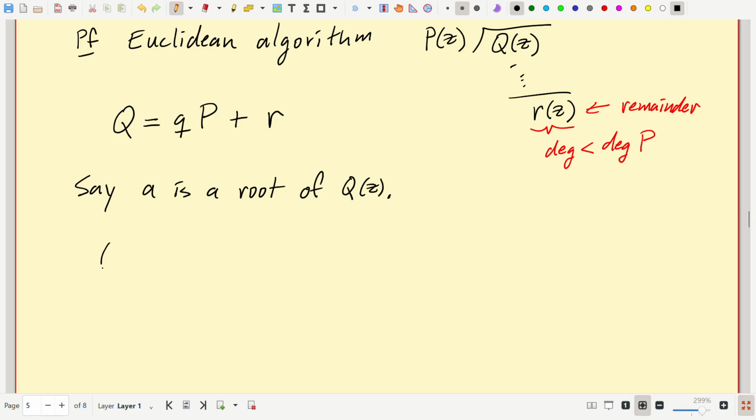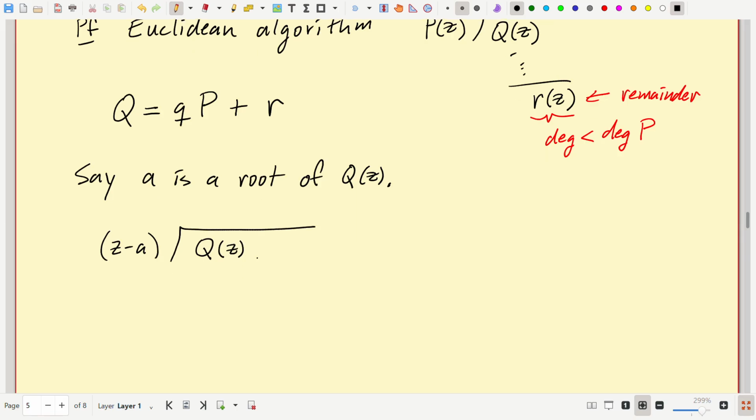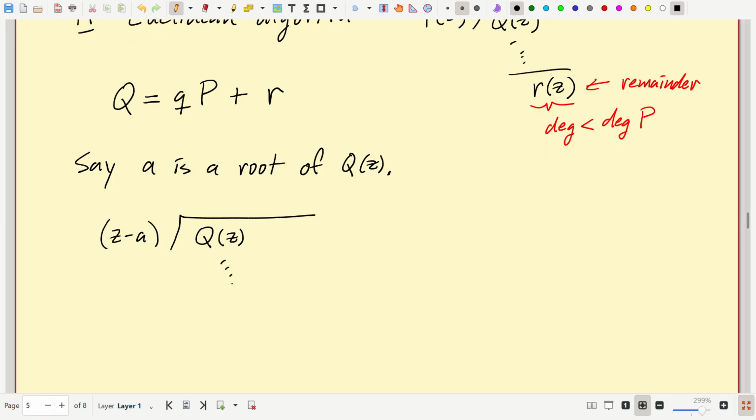Then when I do the Euclidean algorithm, I'd have Z minus A going into Q of Z. When I get down to the last step, I've got to get something that's less than degree 1, so that would have to be a constant.